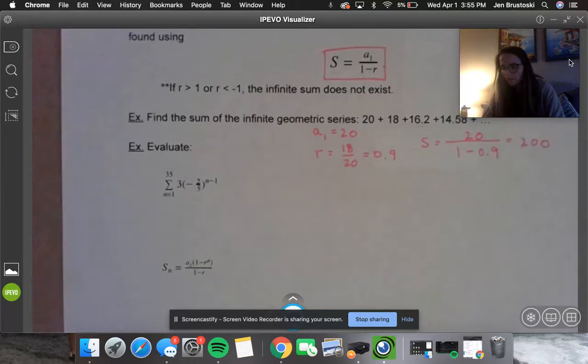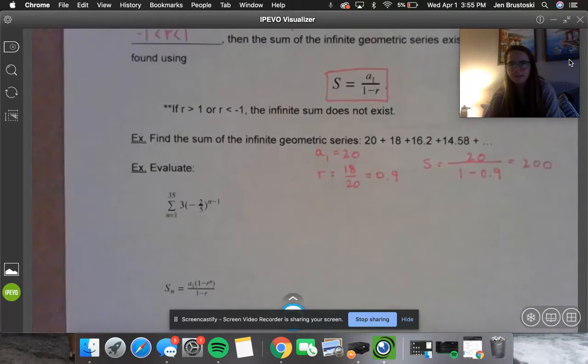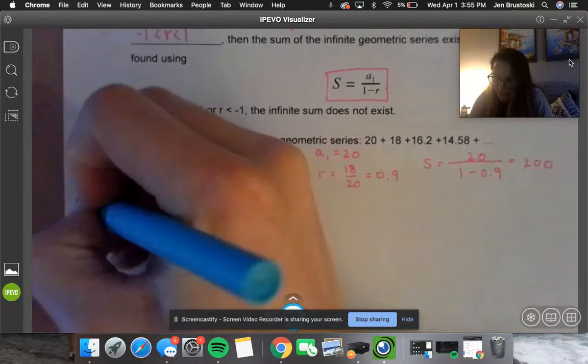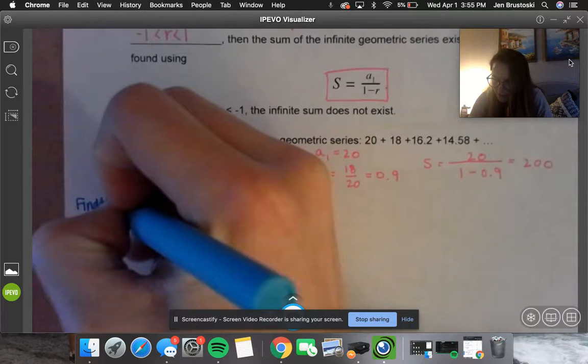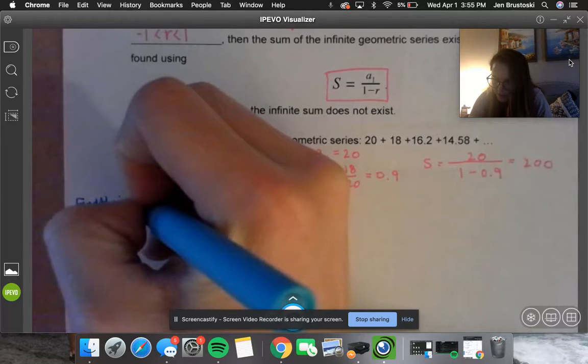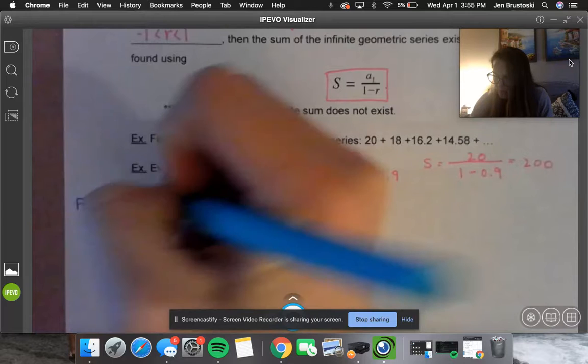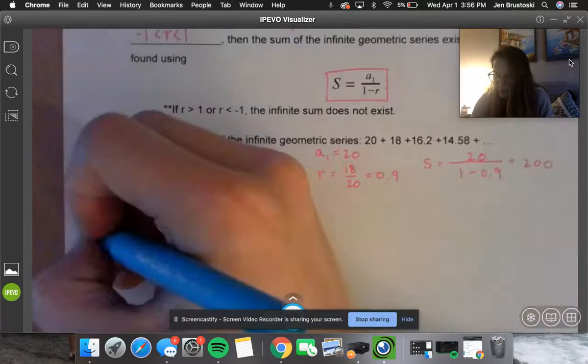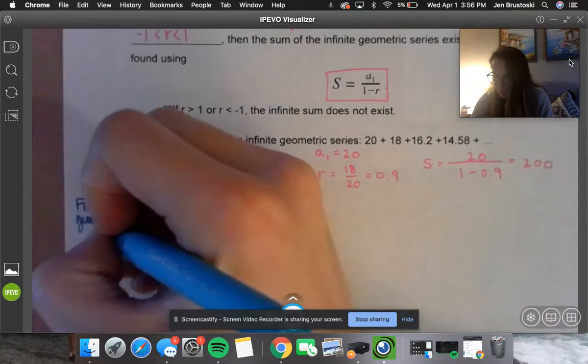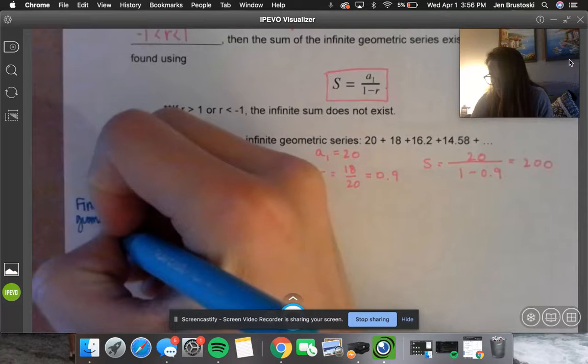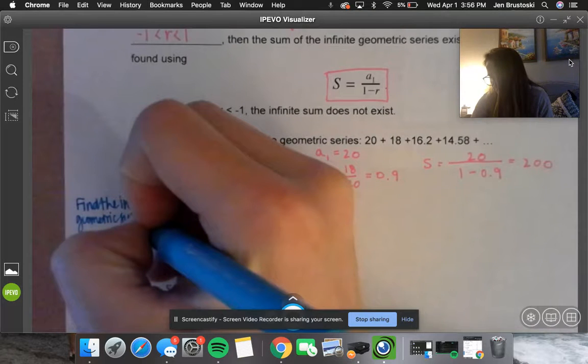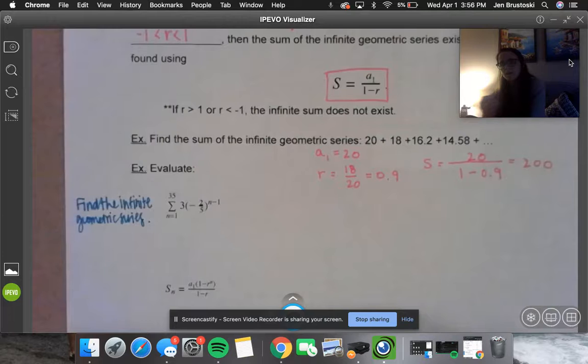Now, let's go ahead and find this infinite sum. So it doesn't say that, but find the infinite sum, or the sum of the infinite geometric series. So we're going to find this sum by using our equation.